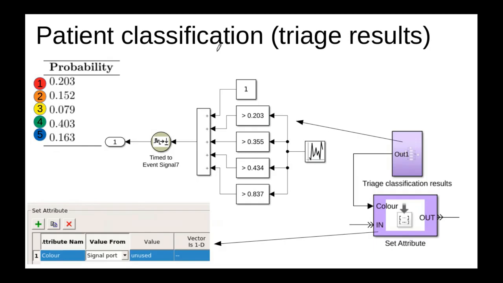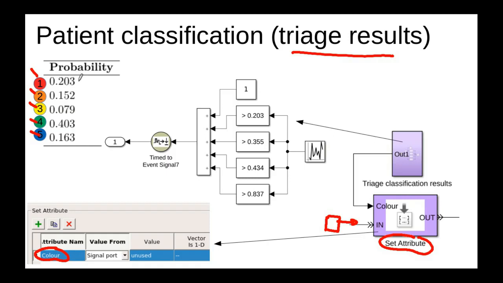What about the patient classification, the triage results? After the triage section, entities go through this block, and every patient is assigned an attribute. This attribute will be color, and this color will be 1, 2, 3, 4, or 5, being 1 the most severe illness.